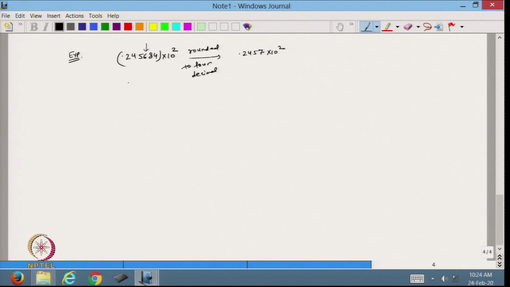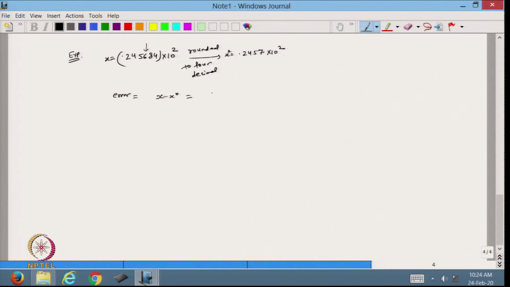Now suppose I have rounded this number. I want to see what the error is, because this is my x and this is my x star. Error means the difference between x and x star.